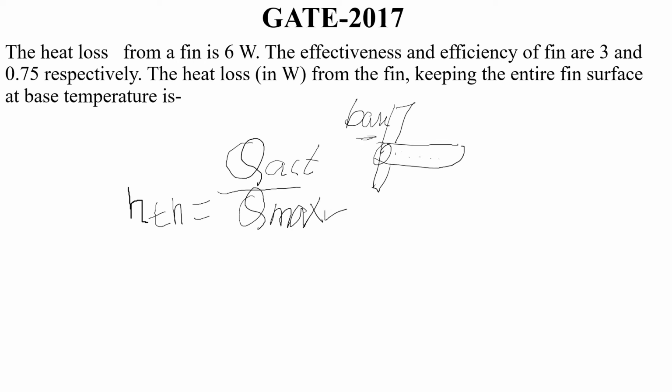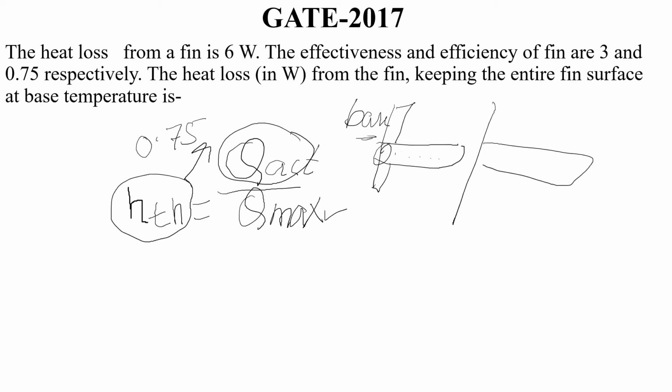So in the numerical, fin efficiency is given, which is 0.75. Actual heat transfer rate means when the temperature along the length of the fin is decreasing because of thermal conductive resistance.